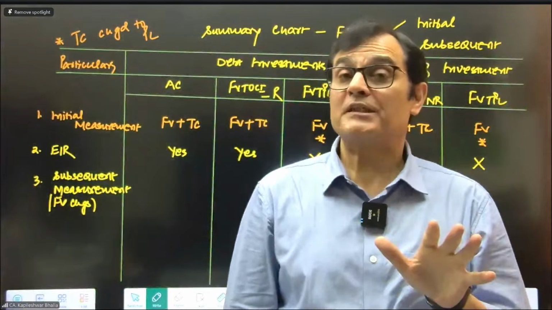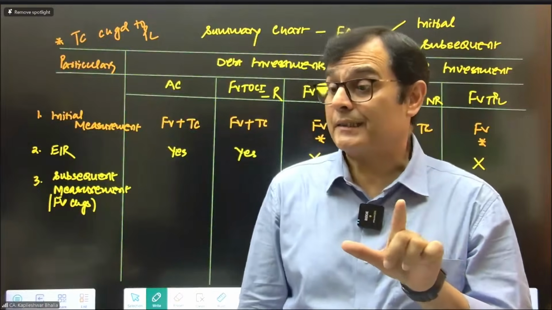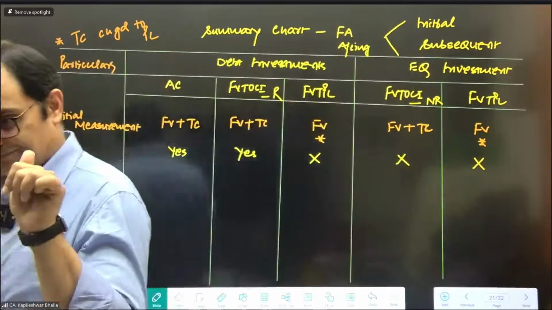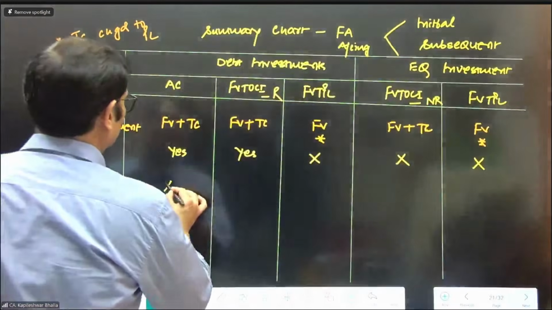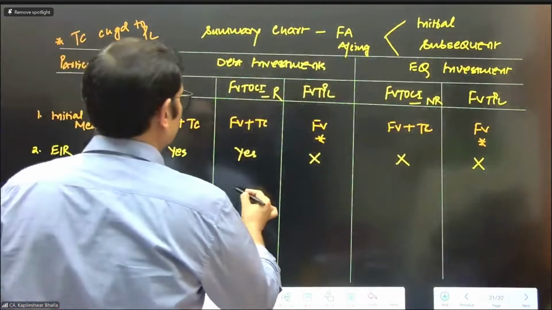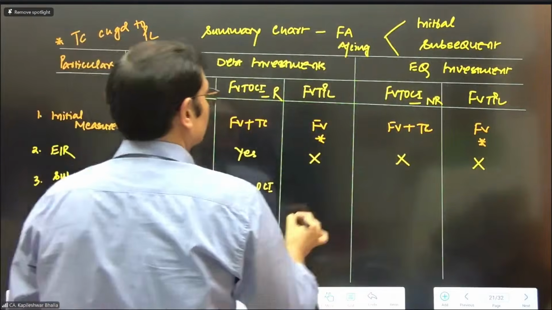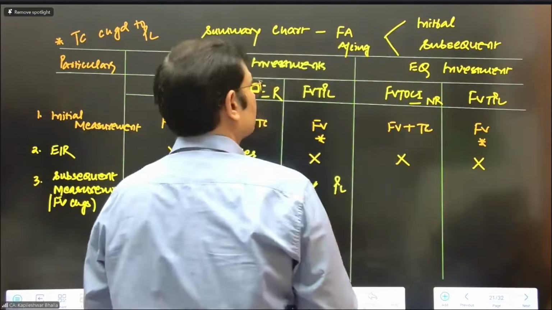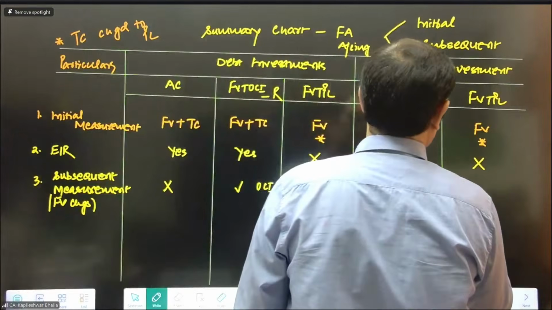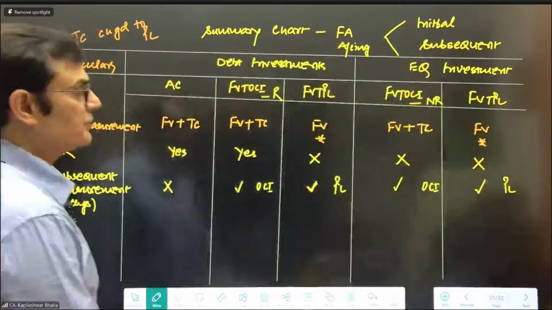Debt, equity, irrespective, fair value changes are captured in all the cases except AC. And that's rightly said. So in this case, no. In this case, yes, it enters the OCI. In this case, yes, it enters the P&L. In this case, yes, it enters the OCI. In this case, yes, it enters the P&L.